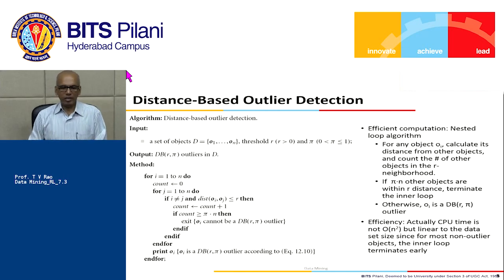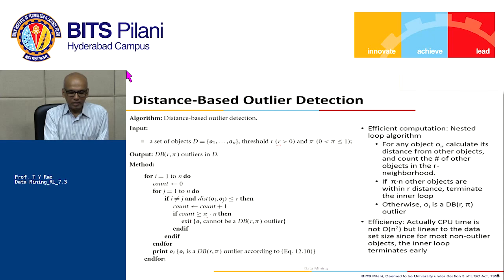So we may have a simple, efficient algorithm for distance-based outlier detection. Here n is the total number of objects. For each object, we start with a count equal to 0. Then for every other object we look at the distance. If the distance is less than R, which is the threshold that we have set, we increase the count.